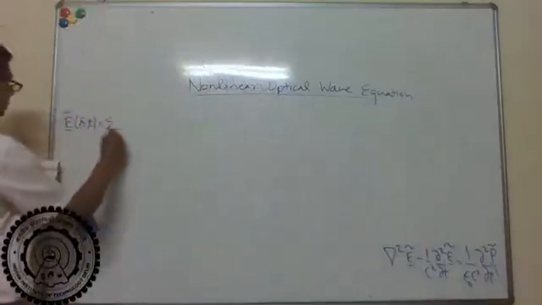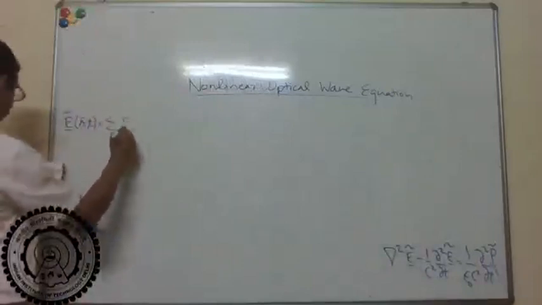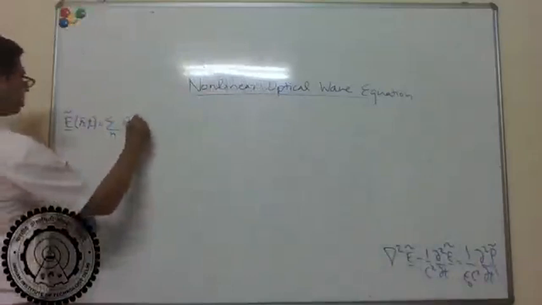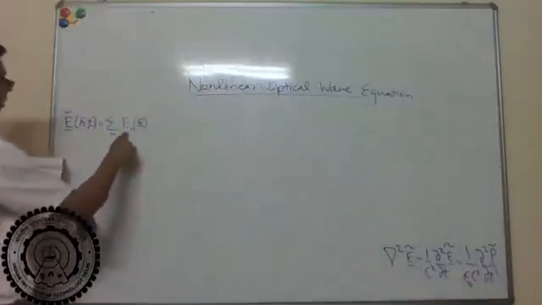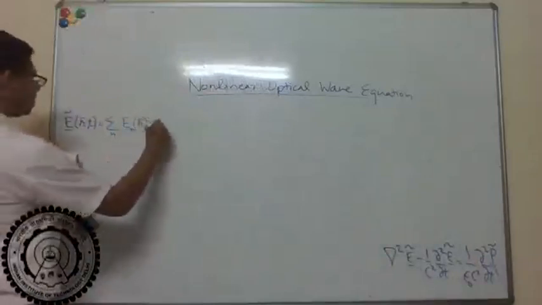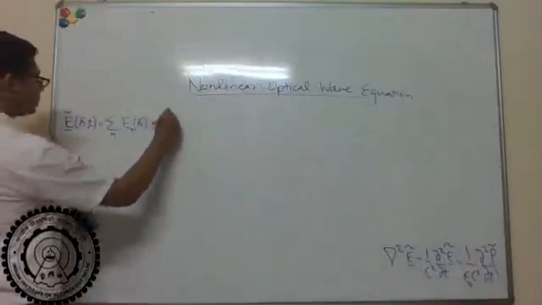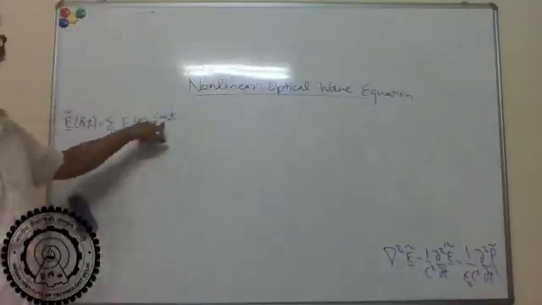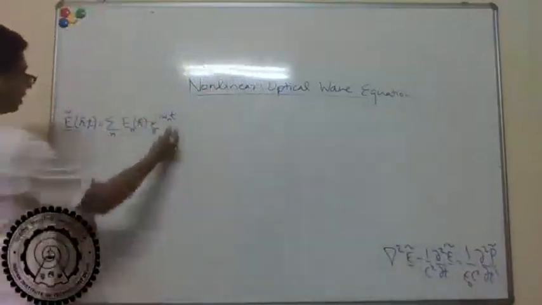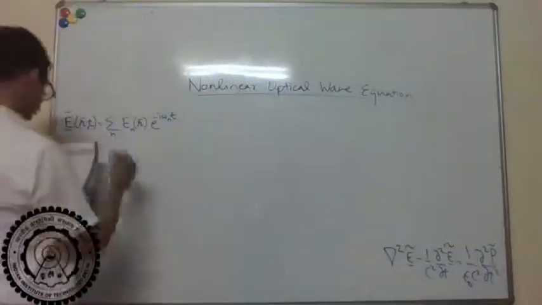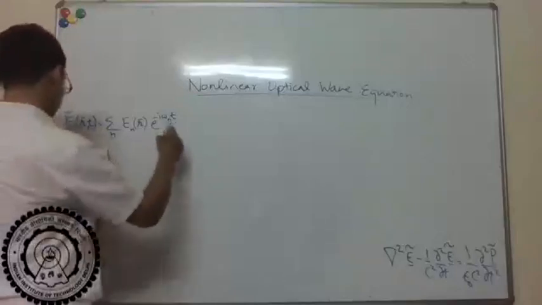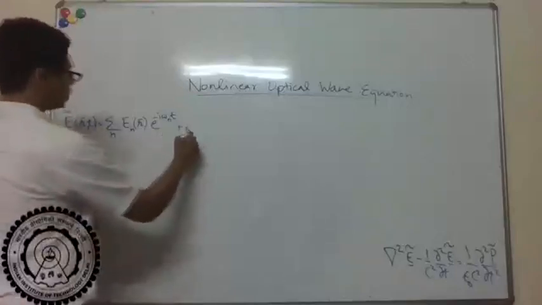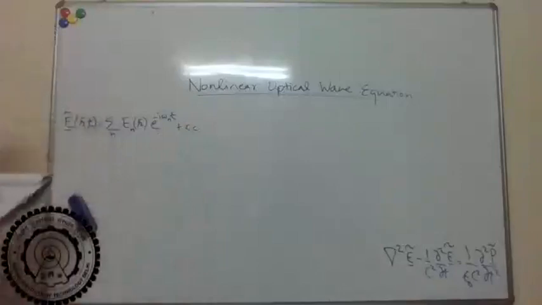So I write it as, I separate the spatial dependence and put the time dependence as just a harmonic term at a particular frequency. Right, and then you could have a bunch of different frequencies, plus the complex conjugate to make it real.